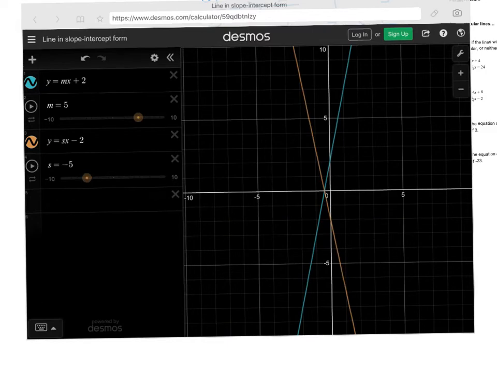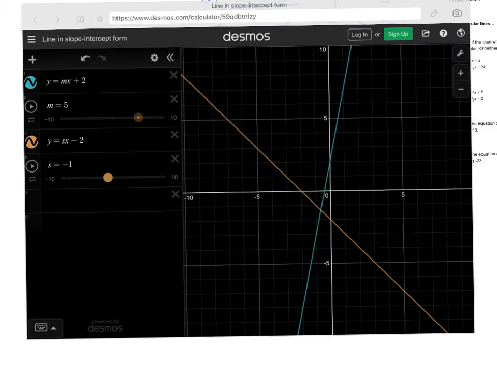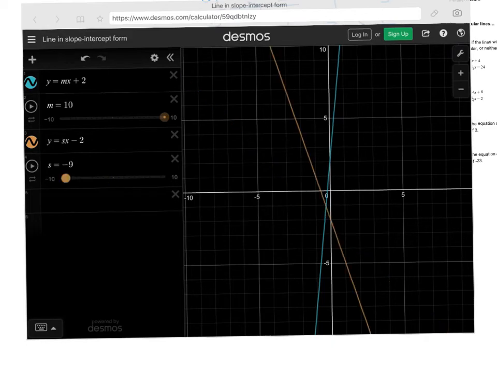No, they're still crossing. I heard negative 1 and 10. That didn't do it. Negative 10 and 10. That didn't do it either.